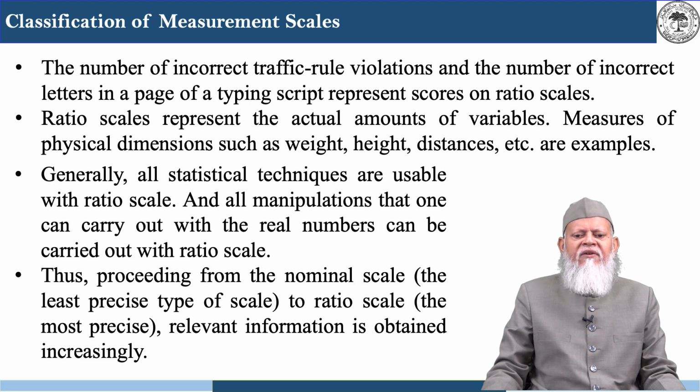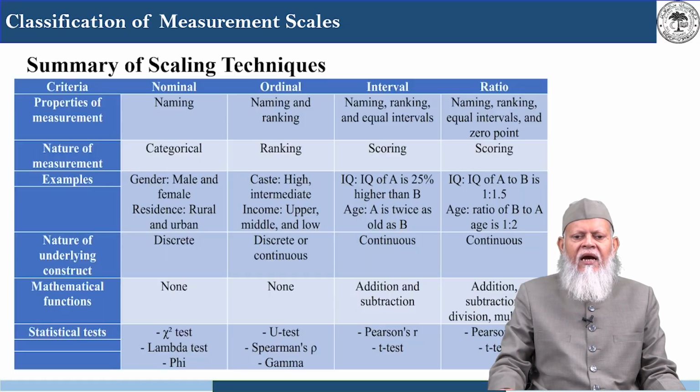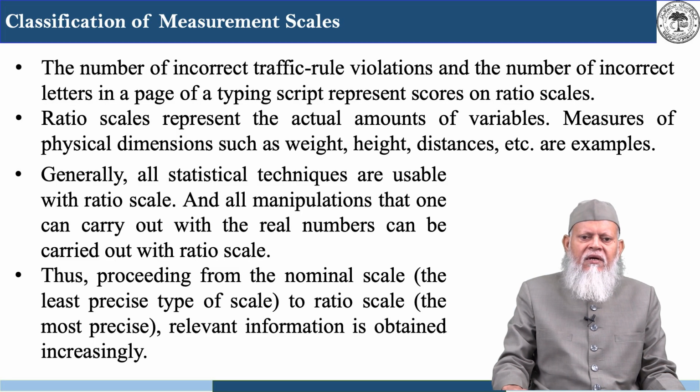Thus, proceeding from the nominal scale, the least precise type of scale, to the ratio scale, the most precise relevant information is obtained increasingly and gradually. So, that was the ratio scale.